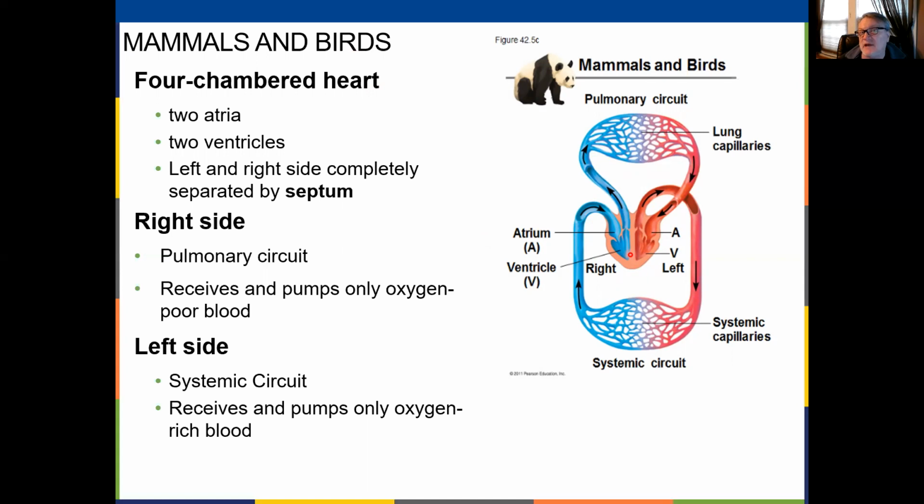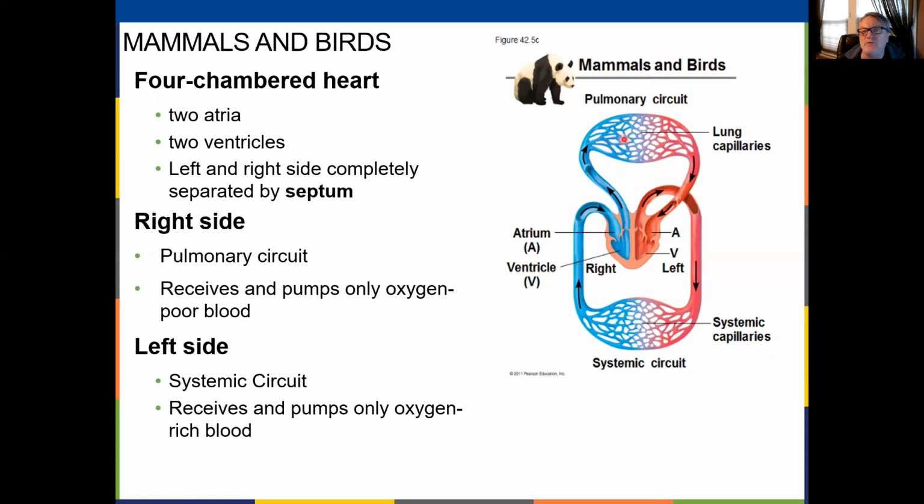So again, this is an example of convergent evolution, where they didn't come from the same ancestor, but they evolved to serve the same purpose. We already saw how birds have a very efficient respiratory system using air sacs in the front and back so that they can continuously move oxygen through their lungs.